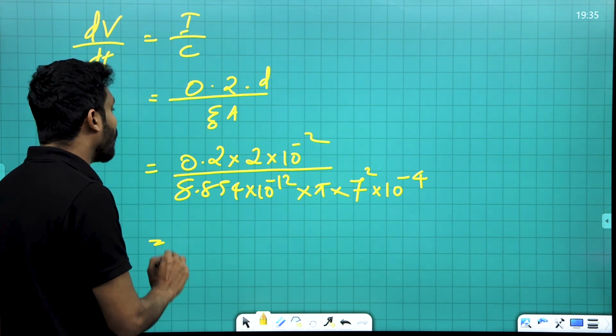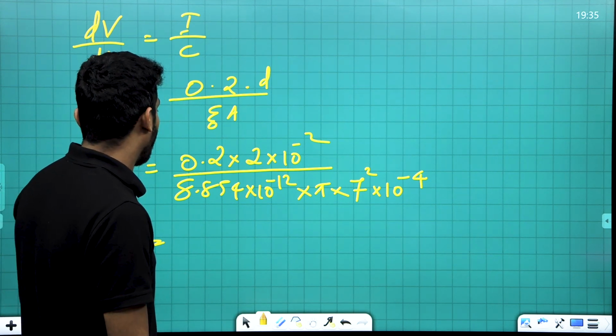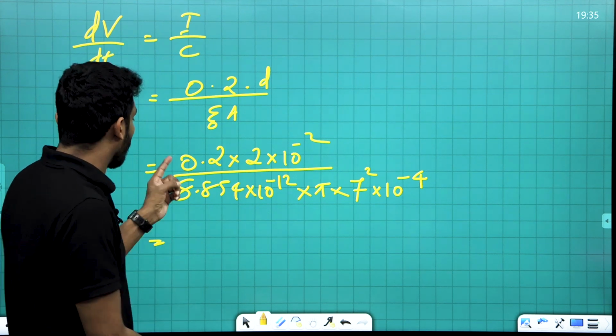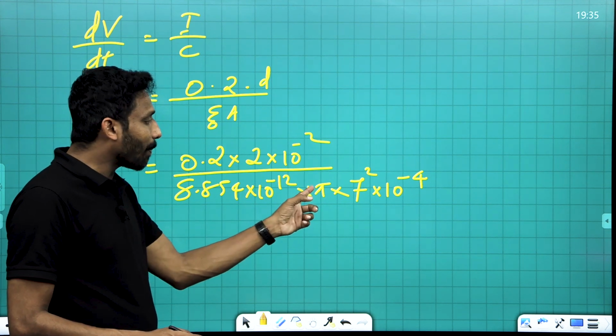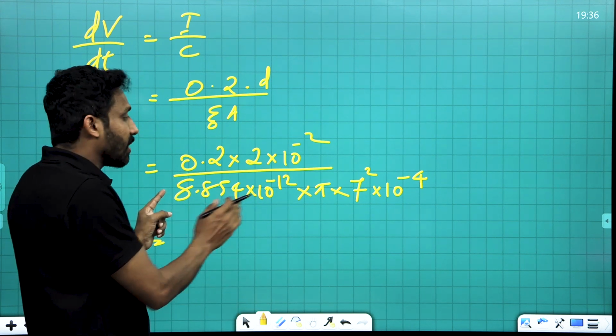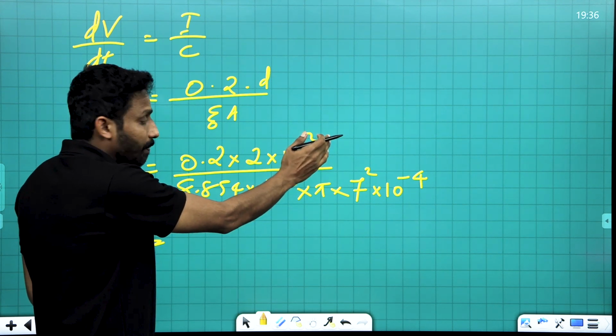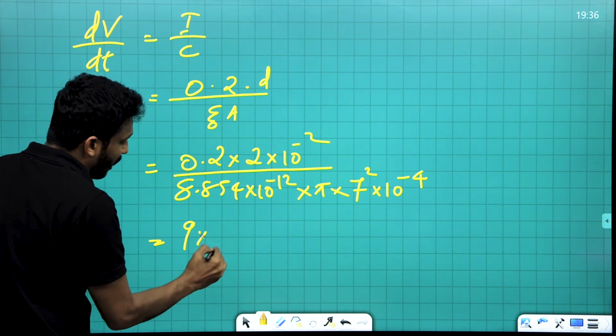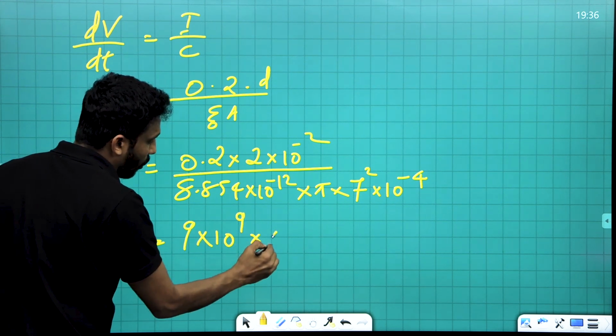This is to be calculated. Very easily done. Actually, this is epsilon naught and here is a pi. So if we multiply with 4 here, then here also we should multiply with 4. Then I can write this as 9 into 10 raised to 9 into 4.